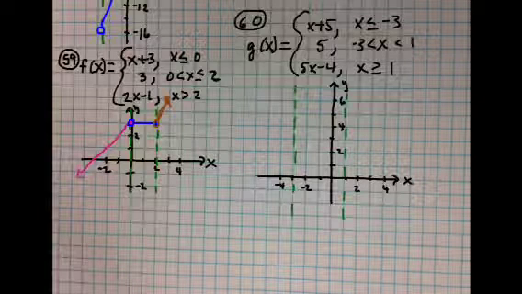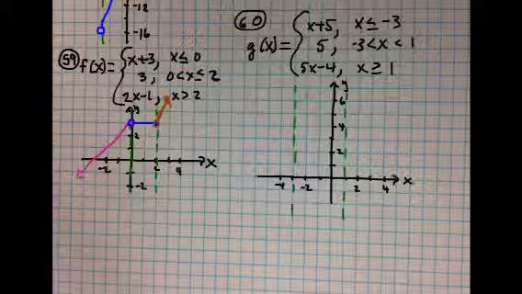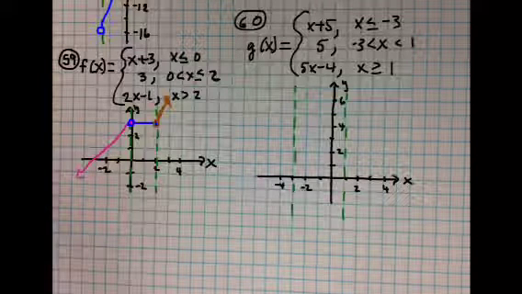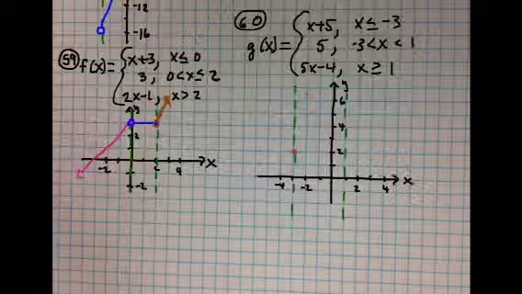Okay, so let's start with x plus 5. So if x is -3, -3 plus 5 is 2. So -3, 2. And it's going to be a closed dot. Now the slope is 1. So since I can't do up 1, right 1, I'm going to go down 1, left 1.